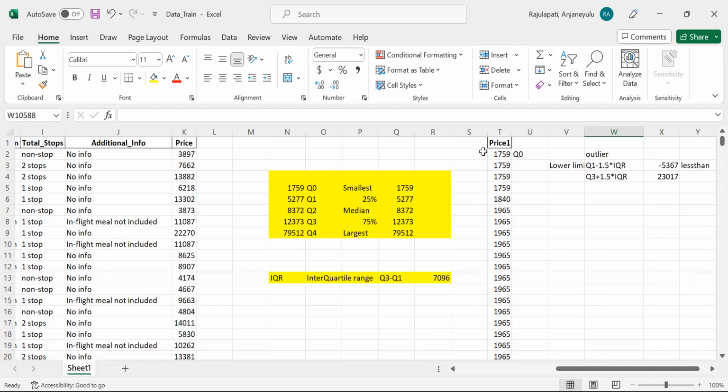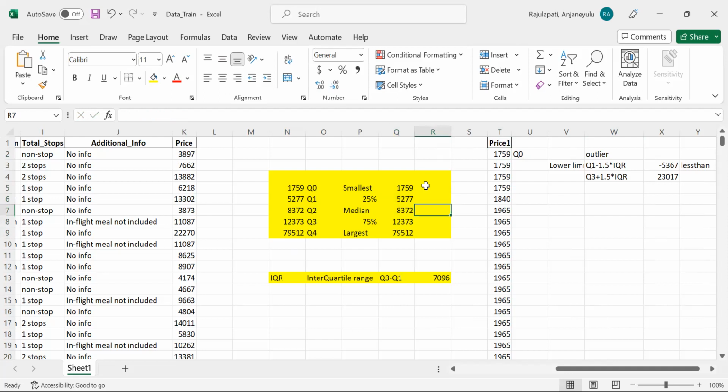Usually the data starting range is 1,759 to 79,512. This is very, very large, right? When you compare with the small value, even when you compare with the mean value, the large value is very high. But the 75 percentile of the data, the median value, the 25 percentile of the data and the smallest value could be in approximately the same range.